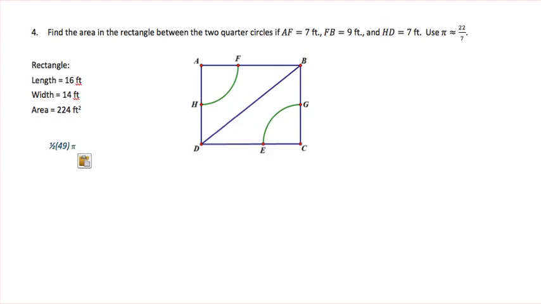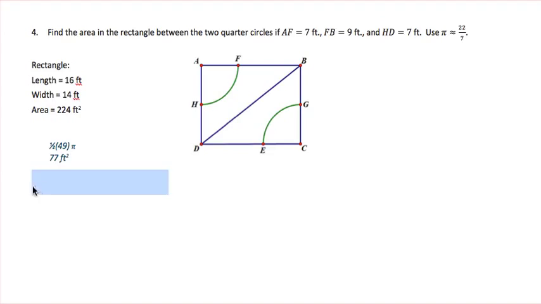So now what we'll do is the calculation. 1/2 times 49 times 22/7. And we get approximately 77 square feet for the 2 quarter circles put together.